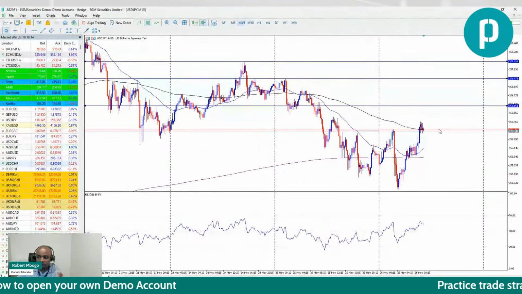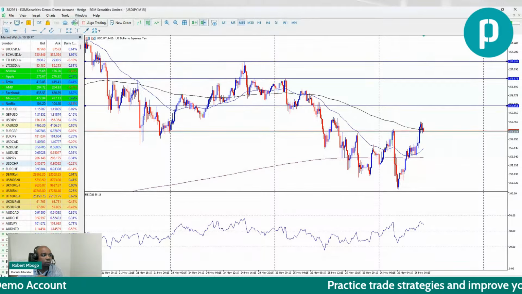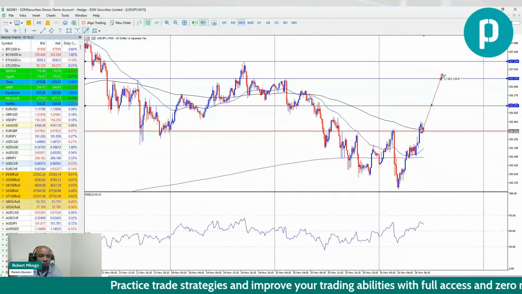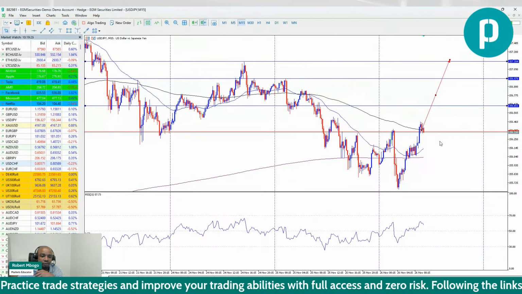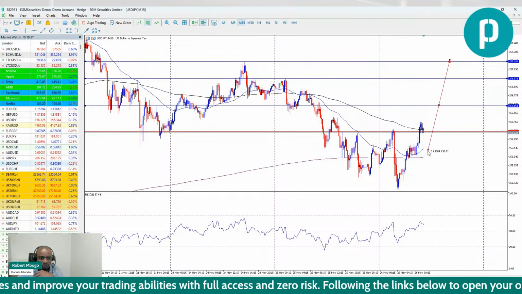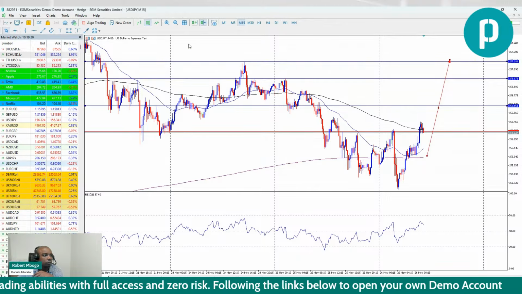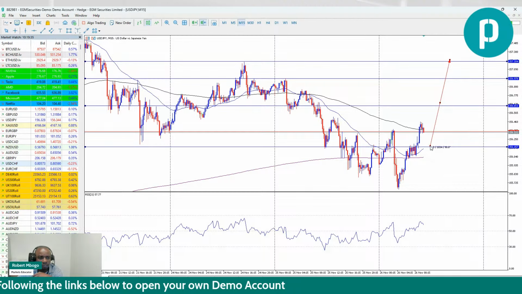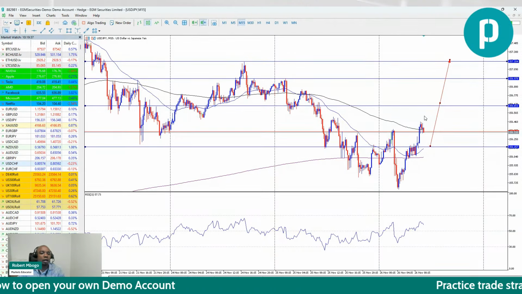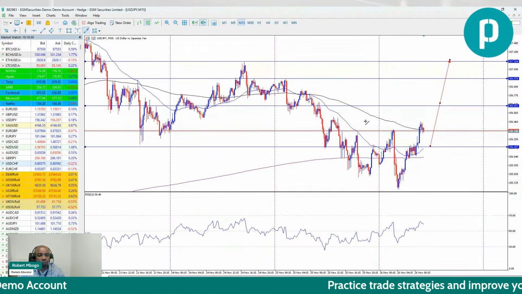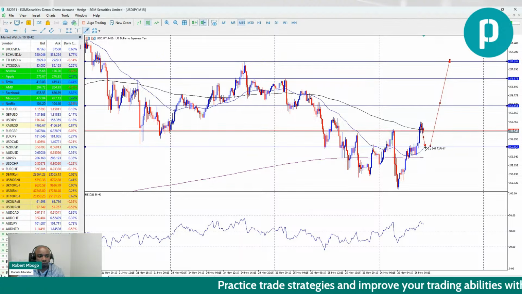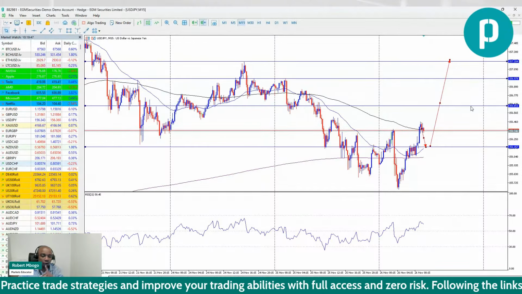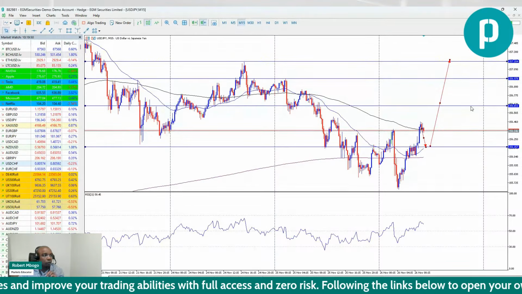It all depends on how the data comes out, but we could see a possibility of the market taking on that move all the way to that high. That's a possibility. Maybe a test of this low, we could see USD JPY come to test this area, and then from there, maybe a continuation of that bullish move. That is what I would anticipate to see on USD JPY.